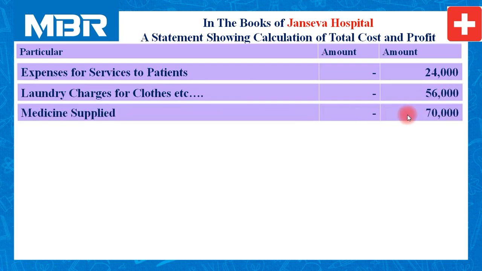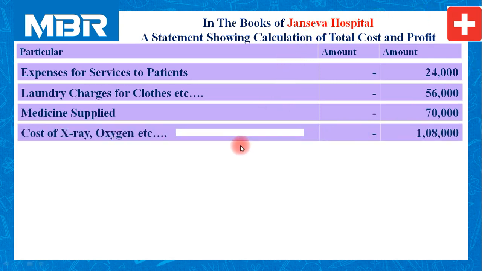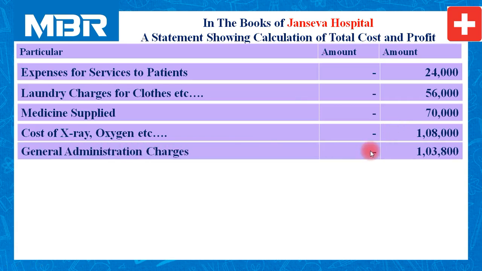Medicine supplied 70,000. It is also one of the important, or you can say prime, expenses for hospital services. Cost of X-ray and medical oxygen etc. 1,08,000. And general administration charges 1,03,800.